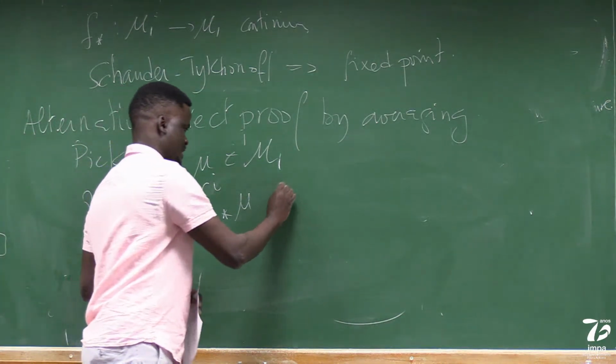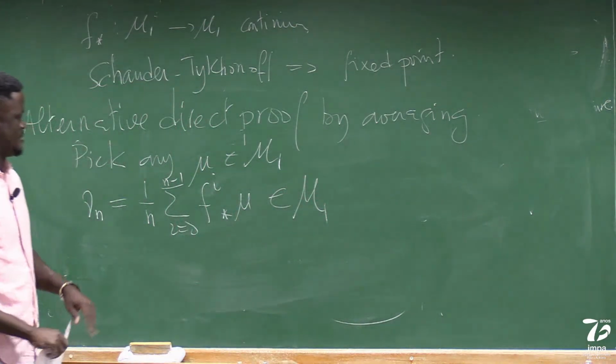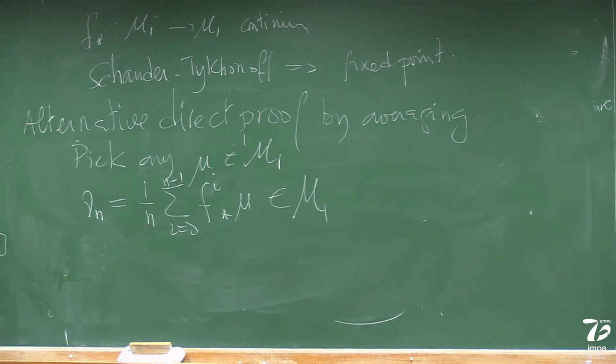This will again be in M1 because I'm normalizing, and it is a probability measure.